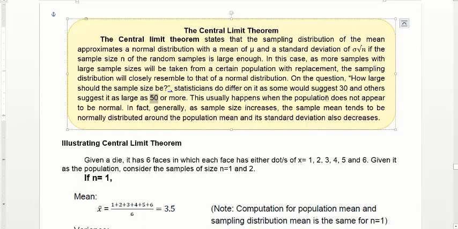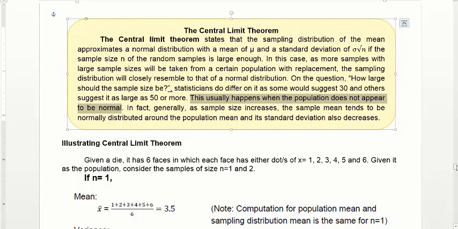This usually happens when the population does not appear to be normal. Indeed, because no matter what you do, if the population you are studying is not really normal, it will not show a normal distribution. But sometimes it is close to a normal distribution, so even if your sample size is only 30, it will closely resemble a bell-shaped curve. In fact, generally, as the sample size increases, the sample mean tends to be normally distributed around the population mean, and its standard deviation also decreases.